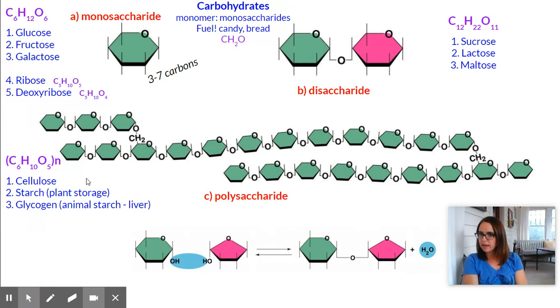Here are 3 classic examples of polysaccharides that we have in our bodies. So we have cellulose, which is in the cell walls of plants. Starch, which is one of Mrs. Lloyd's very favorite foods. Plant storage.